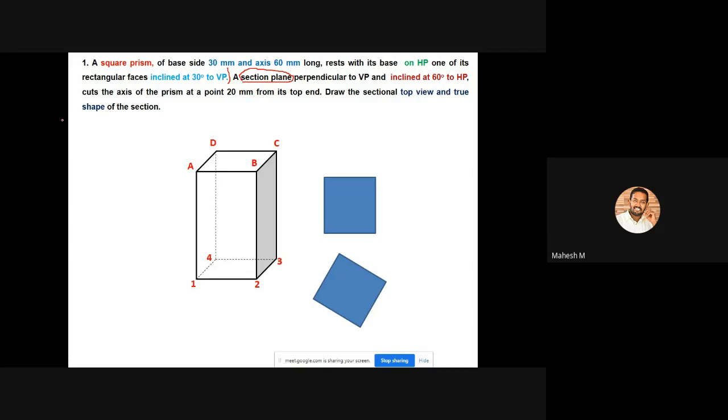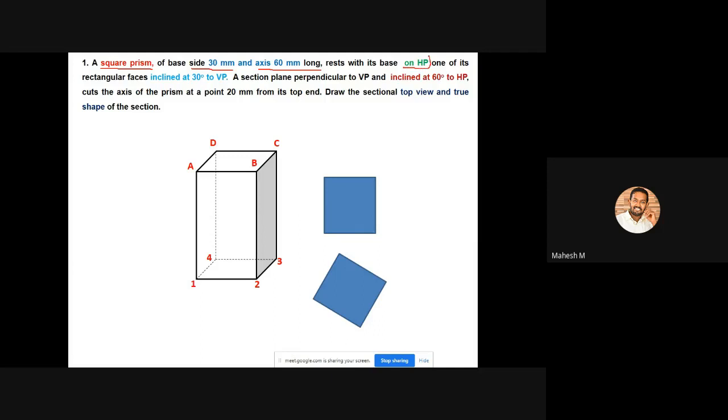Okay, so initially what you have to do is create the basic front view and top view. For that, please read out this problem. It is a square prism, okay, of base side 30 mm and axis 60 mm long. So we have the base side values and also the height values, and resting with base on HP.